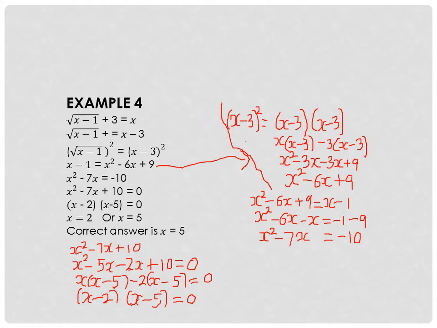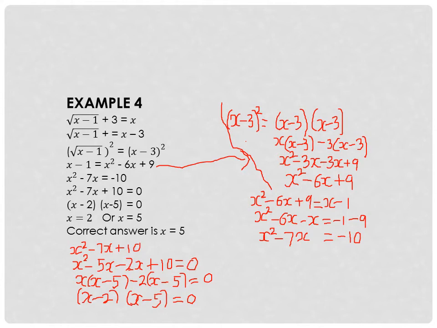So now we have to write this in standard form. That is the quadratic equation standard form of ax to the power 2 plus bx plus c is equal to 0. So now the negative 10 will move to the left. It will be positive. So we are going to have x to the power 2 minus 7x plus 10 is equal to 0.